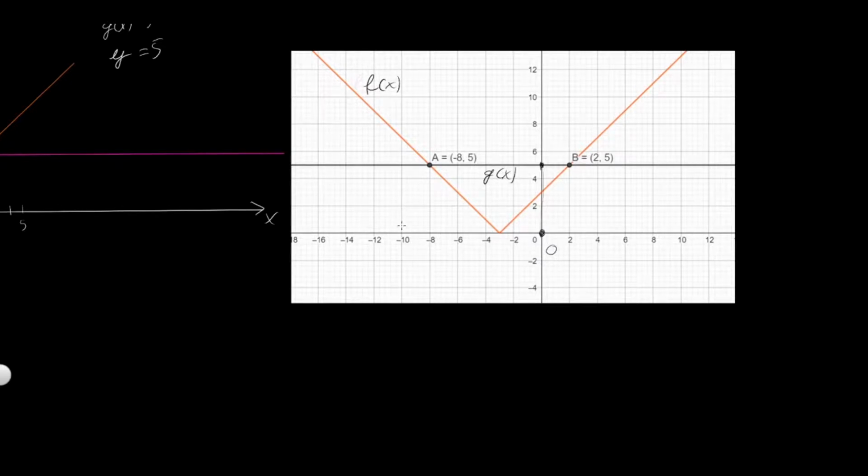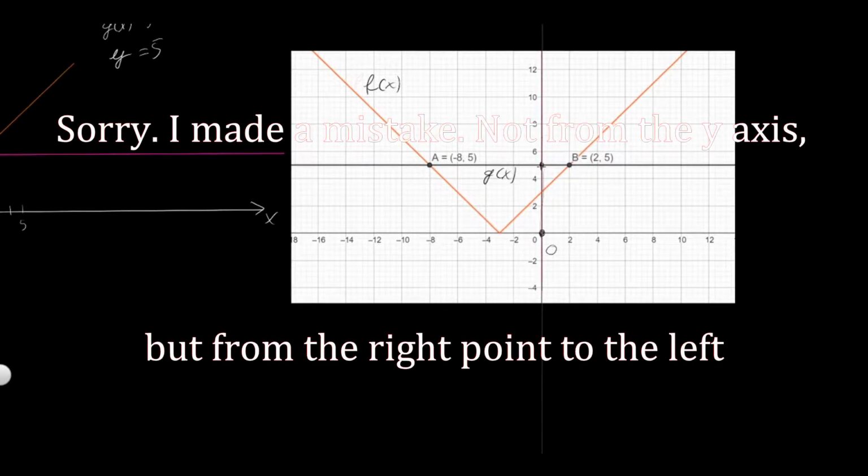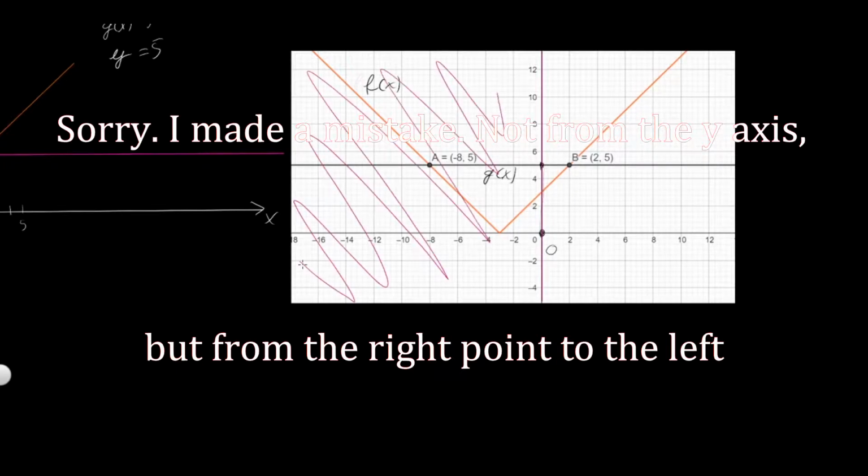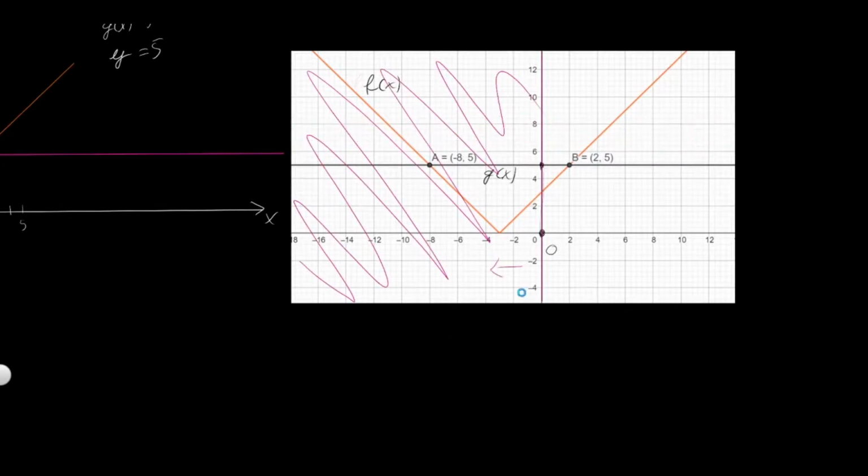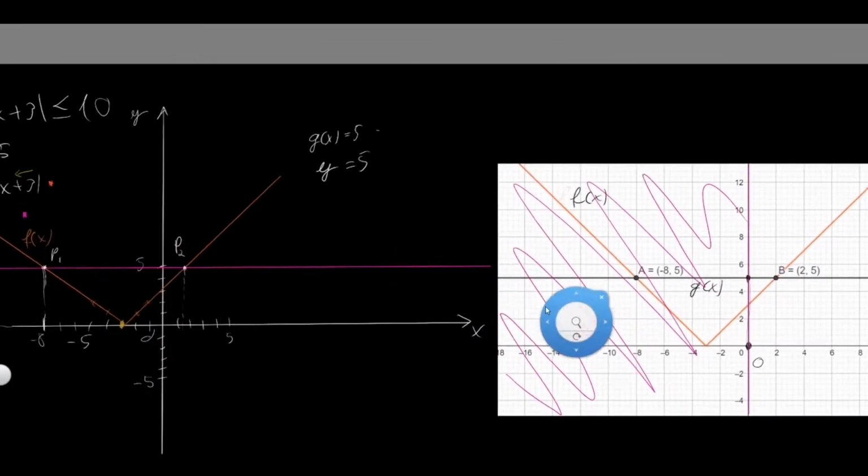So it means that everything to the left from this, from basically the y-axis, is a solution. So all the negative numbers from 0 to the left are solutions of the equation.